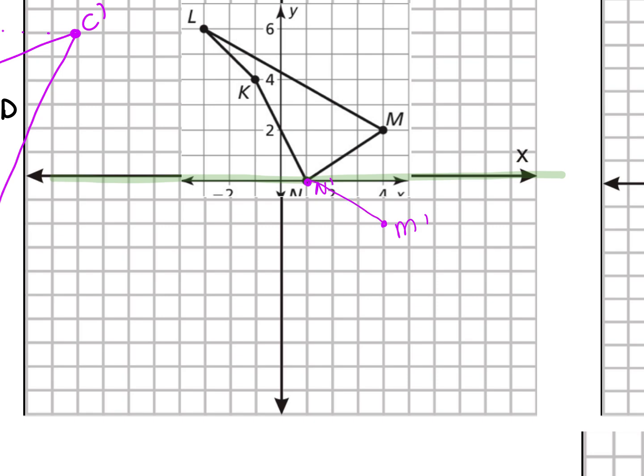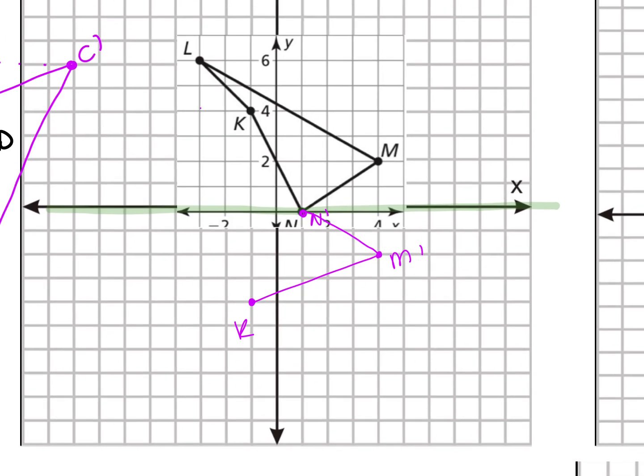Draw it a little better. K, 1, 2, 3, 1, 2, 3, 4. And L is 1, 2, 3, 4, 5, 6 right here. So again, this is kind of how it should look.